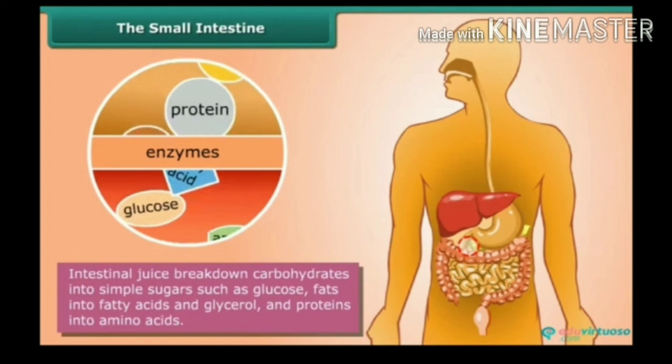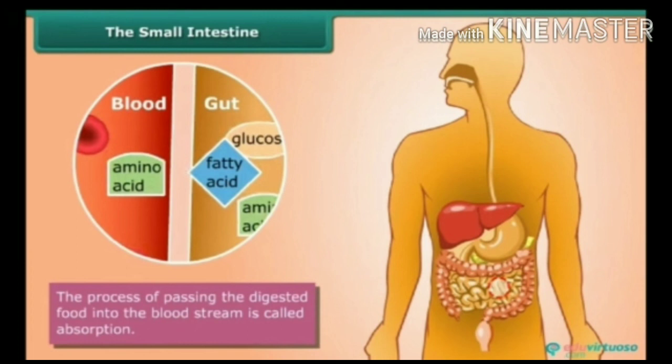The carbohydrates get broken into glucose, fats into fatty acids and glycerol, and proteins into amino acids. The digested food can now pass into the blood vessels in the walls of the intestine. This process is called absorption.